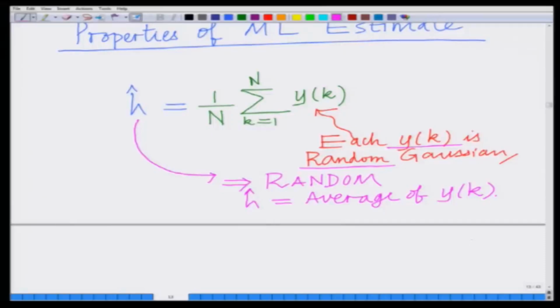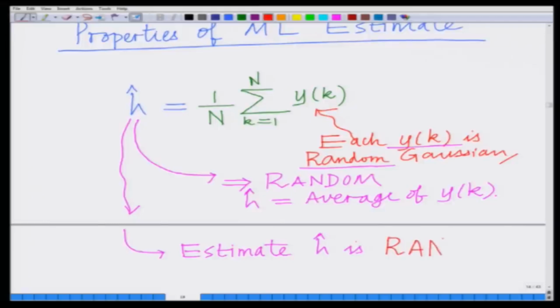Therefore, h hat is random, that is, the estimate is random in nature. That is the first thing that we have to realize: the estimate h hat is random, that is, it is not a deterministic quantity.